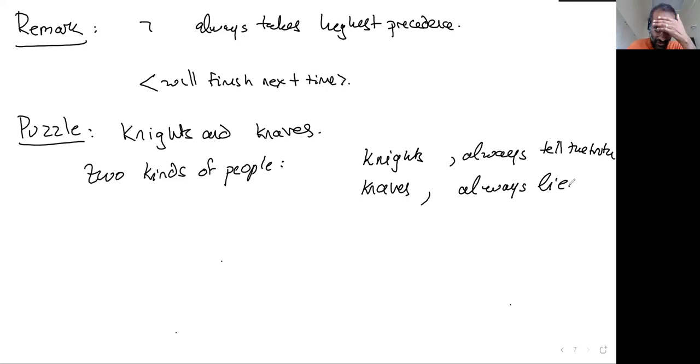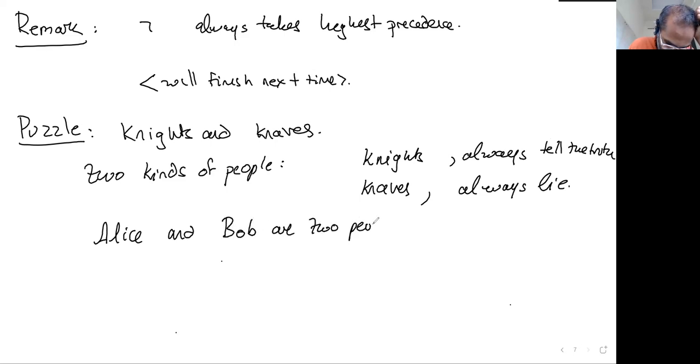So this is a ground truth. There are these two kinds of people in the world. And you have these two people, Alice and Bob. And they say the following. Alice says, Bob is a knight.